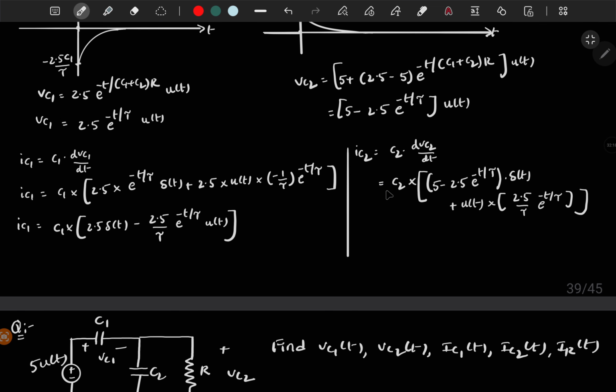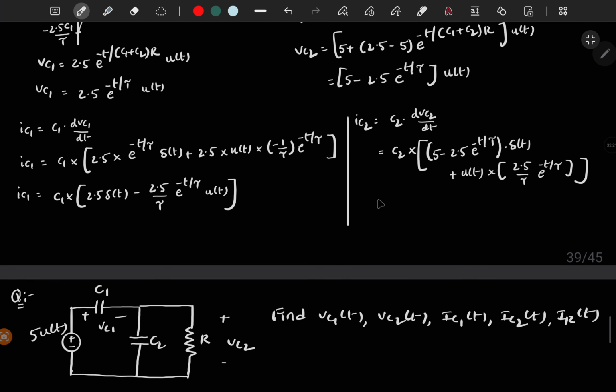So C2 is multiplied with the whole function. So C2 times, if you substitute t equal to 0 in this expression, you will get 5 minus 2.5, plus 2.5 by tau e power minus t by tau u of t. I forgot del of t, so this is del of t.